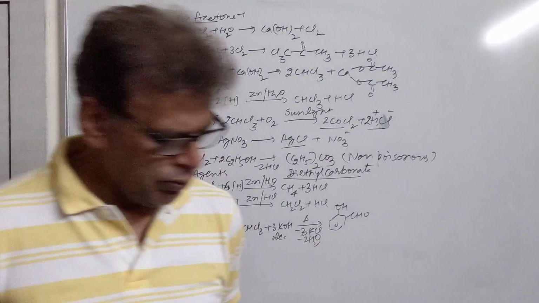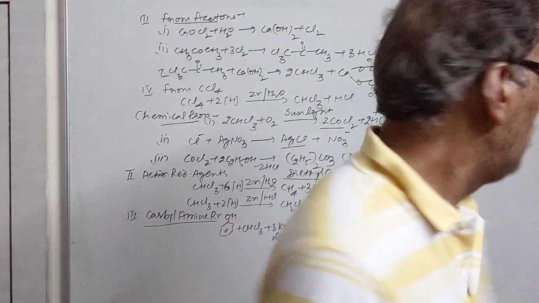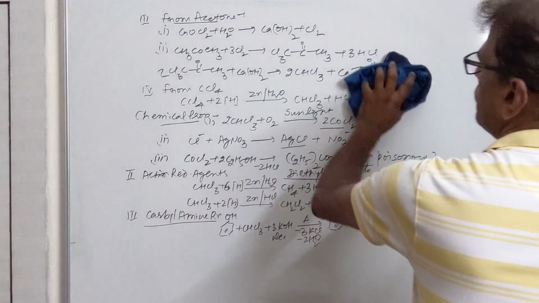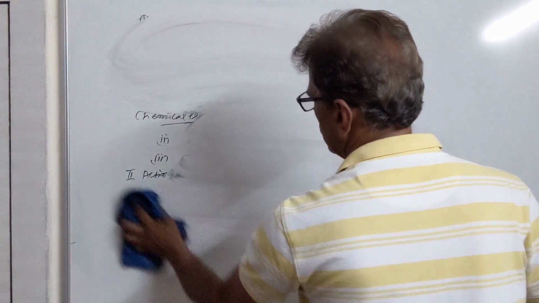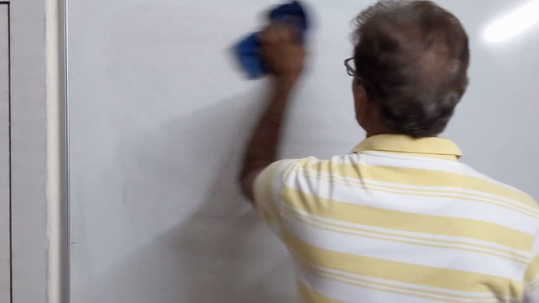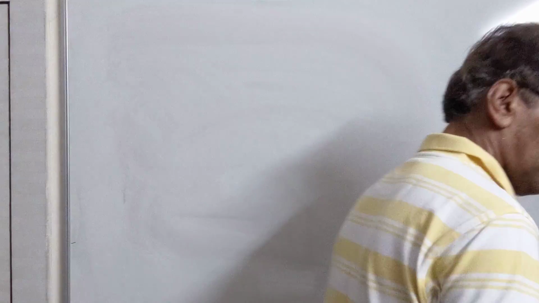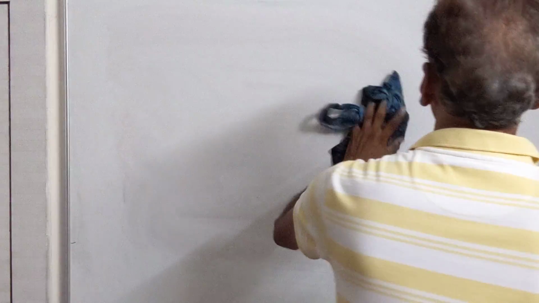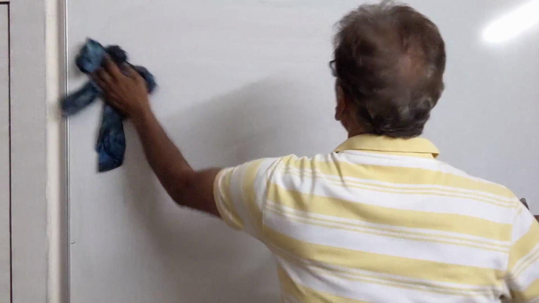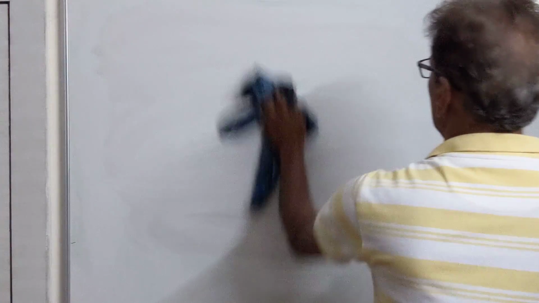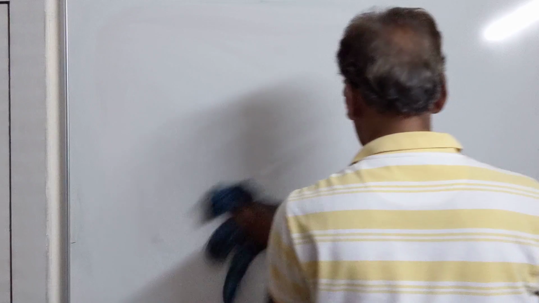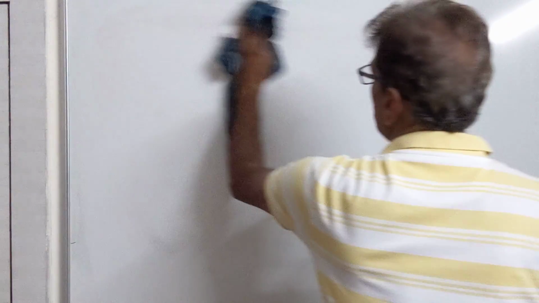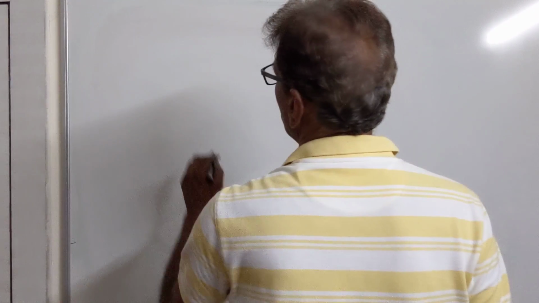Then we have a few more chemical properties of chloroform. These properties, carbylamine reaction and the Reimer-Tiemann reaction, would also be covered under phenol.